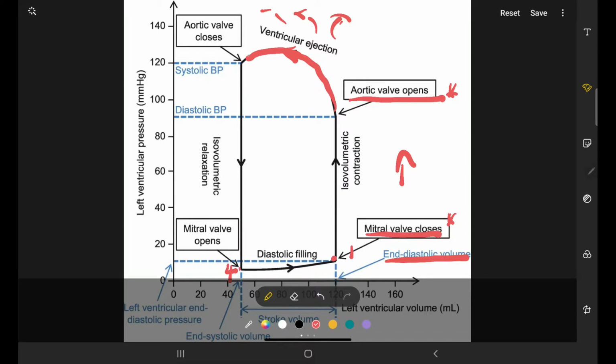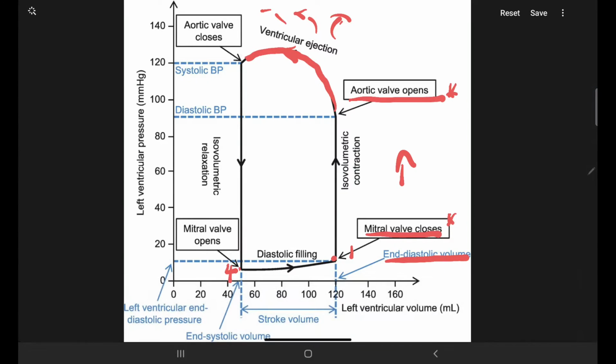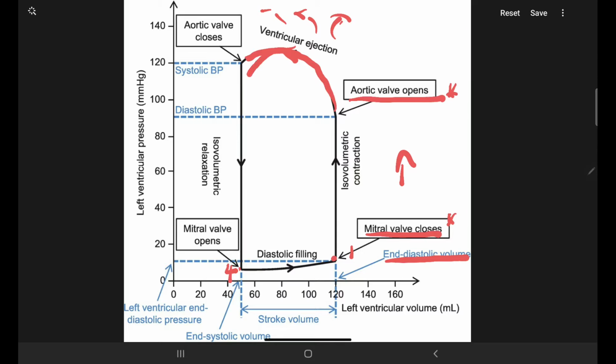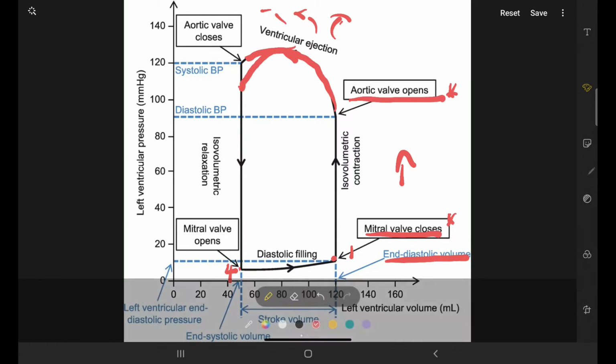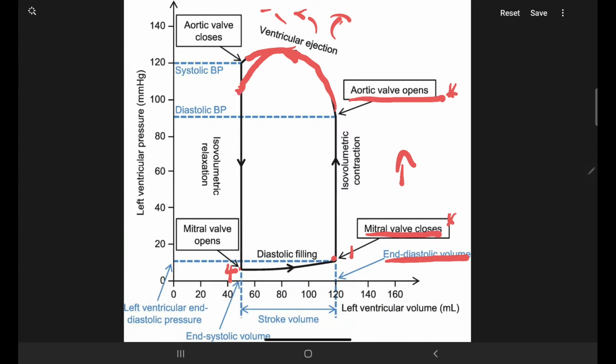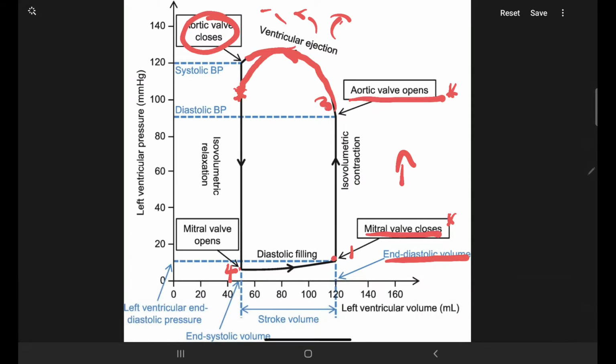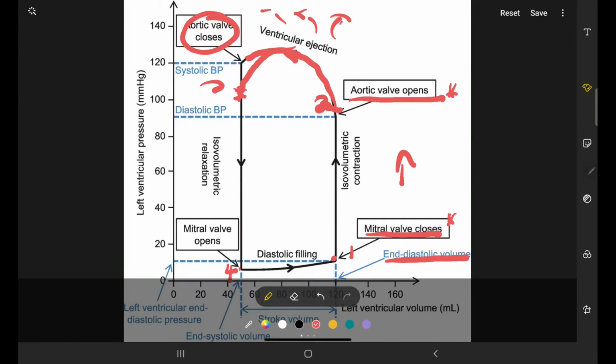When it comes down, well, this diagram is putting it at 120. I'll put it maybe this way, okay? When it comes down to about 100, that is when you see the aortic valve close. And once the aortic valve closes, then relaxation will continue, but against 2 closed valves. All right, so this is number 2, and this is number 3.